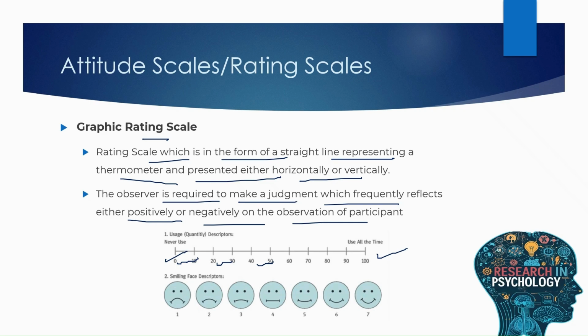All of these are examples of graphic rating scale. Basically, the rating has to be done on a graph or a straight line. This could be represented horizontally or even vertically this way. All right, so that's the graphic rating scale.